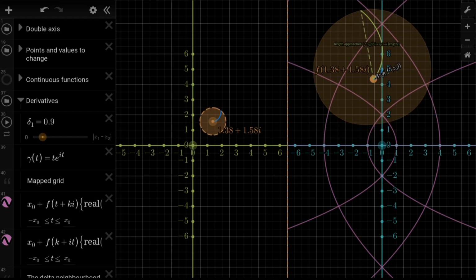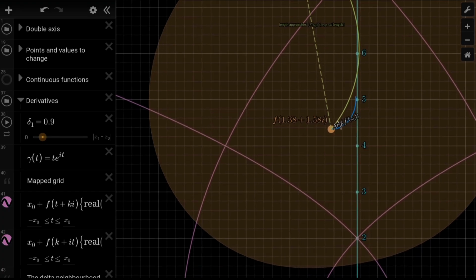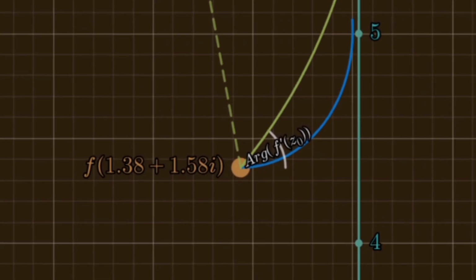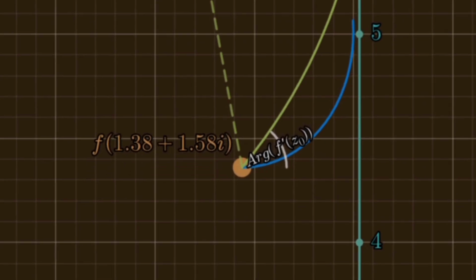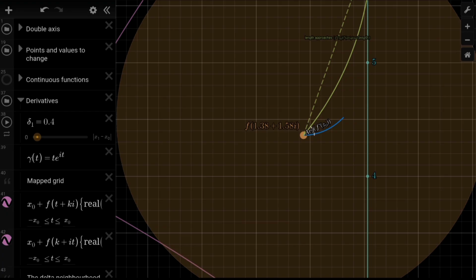And together with the delta neighborhood, the curve is also mapped onto the green curve here. Here I have the original blue curve and the mapped green curve. And it's not very visible here, but of course the derivative will approach the angle between these two curves. Here we have the error because we're not seeing it as a limit.